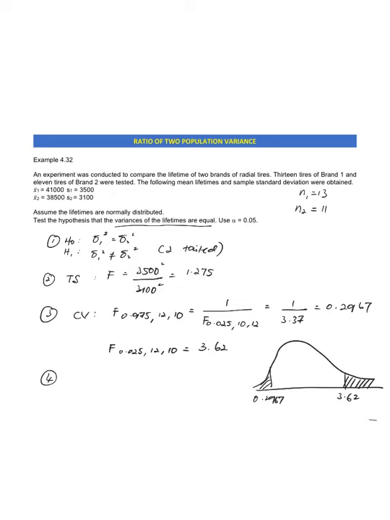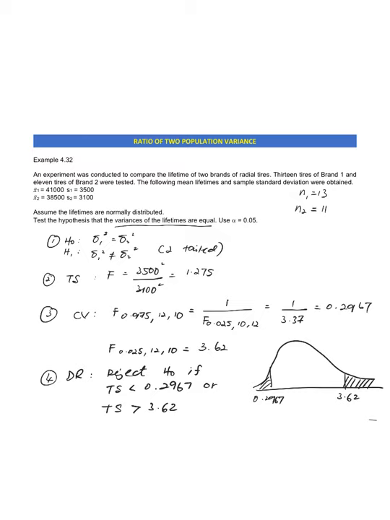Lepas tu kita boleh tengok macam mana nak buat kita punya decision rule. Okay, decision rule dia adalah reject H0 if test statistic less than 0.2967 or test statistic greater than 3.62. Kalau dia jatuh dekat dalam rejection region, kita akan reject.